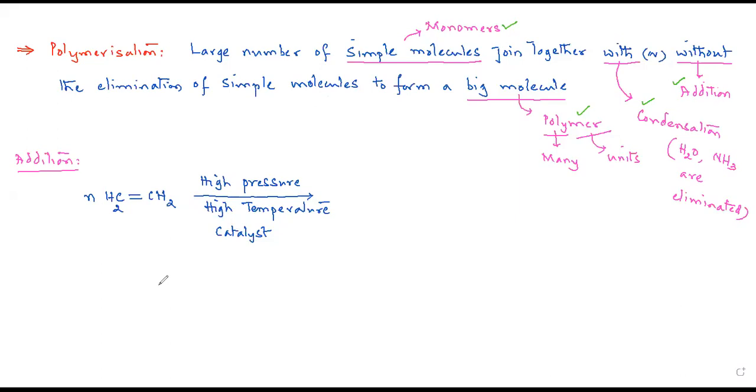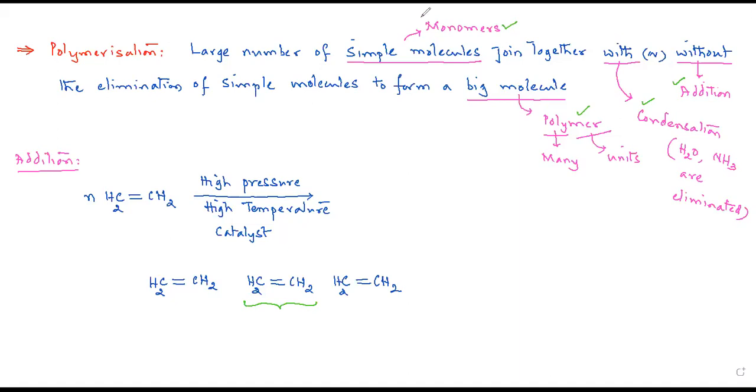Now, let me show you how to make a polymer from monomers. Interesting. Look at this. I'm taking, say, 3 molecules for convenience. Now, consider this thing. This is what we are going to consider finally.